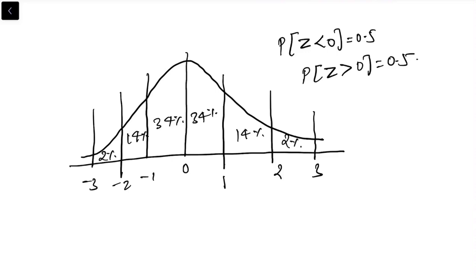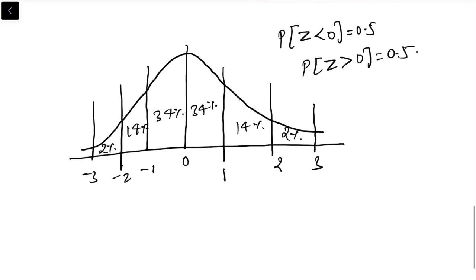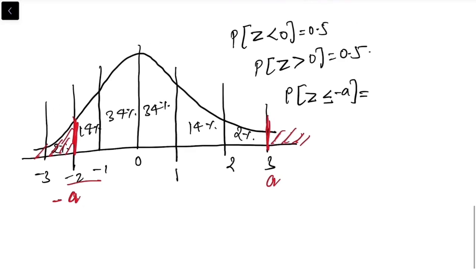One more thing that you can note from the graph is, let's say this point is A. So suppose this is minus A, this is A, and this region. So can I say that probability z is less than minus A is the same as saying probability z is greater than or equal to A? Do you agree with this?